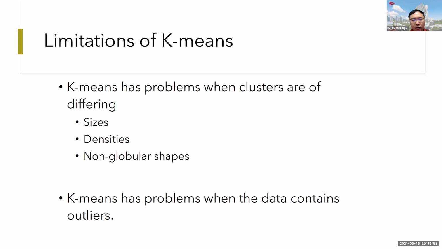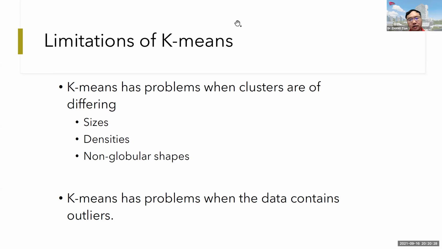If the data have different densities, different sizes, and non-globular shapes, k-means will not be good. And also k-means can have problems when the data contains quite a number of outliers. If data contains a lot of outliers, k-means can be affected a lot.